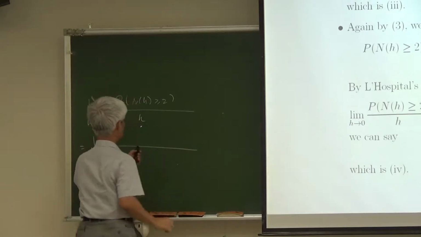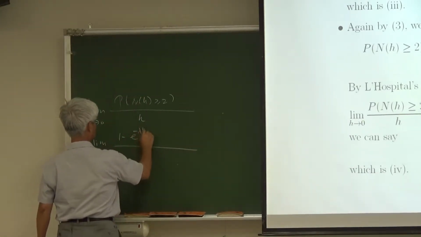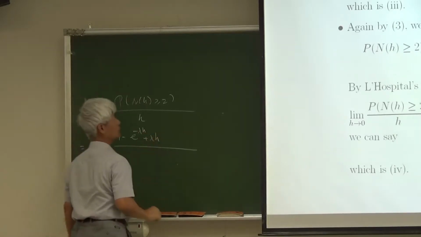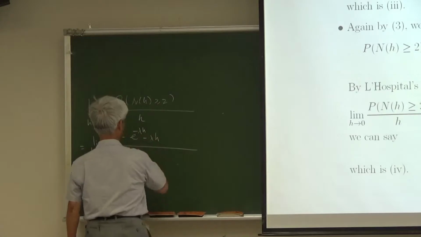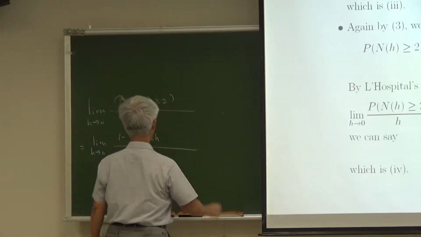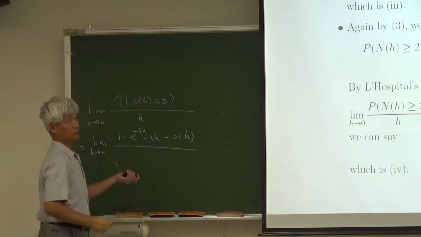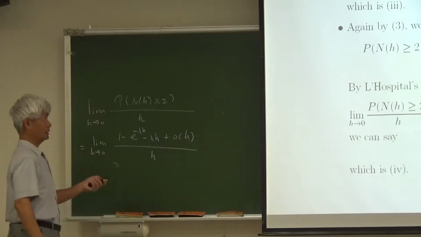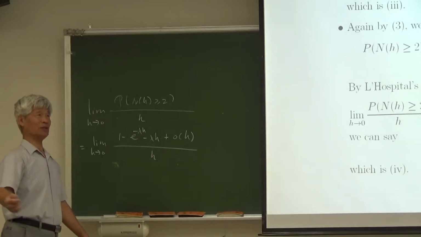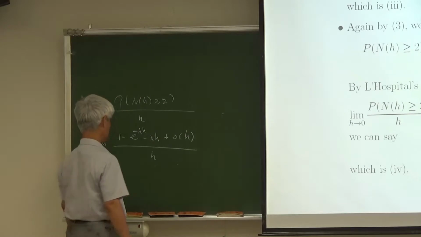We have shown that this is 1 minus lambda h, and minus little o of h. But minus a little o of h function is also a little o of h function, so I just put the plus sign here.